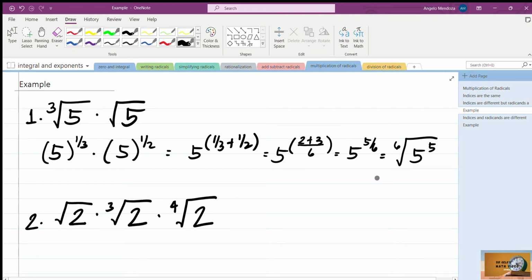So that will be the sixth root of 3,125. So that is the final answer for number 1.